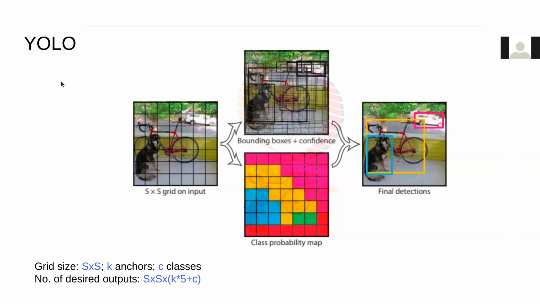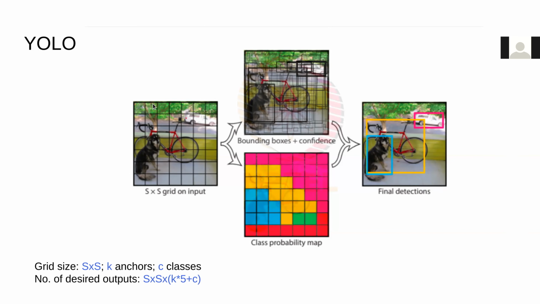And so what YOLO does is that it will try to divide this image into a grid of S cross S size. So generally I think S is equal to 7 in YOLO 1. If we look at this particular figure, you'll see that we have divided this image into a grid. Okay? And each cell in this grid corresponds to one region in an image.